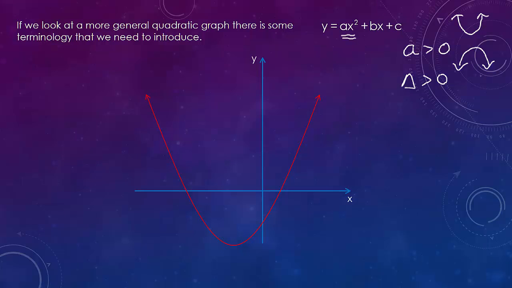So let's look at our terminology. The shape of a quadratic graph is a parabola. This point here is known as the vertex. It's also known as a turning point. And in this case, because it's the very bottom of the curve, it's a minimum. When you have one of these ones, the point at the top here is called a maximum.